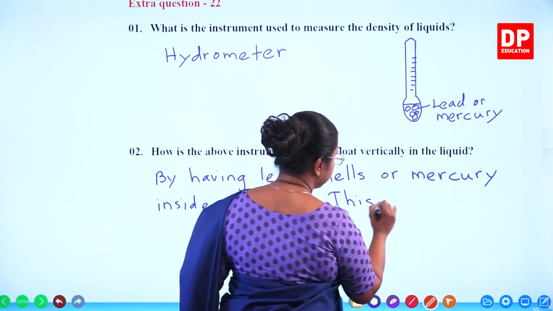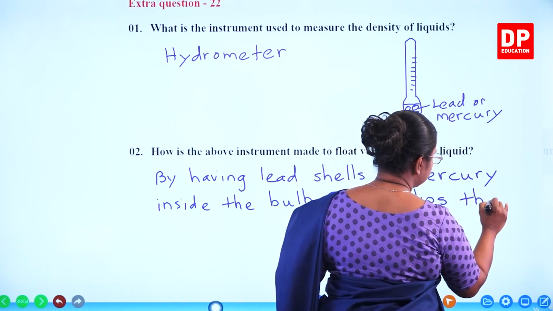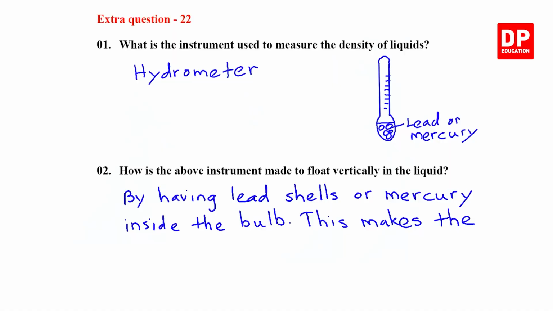This makes the hydrometer float vertically.